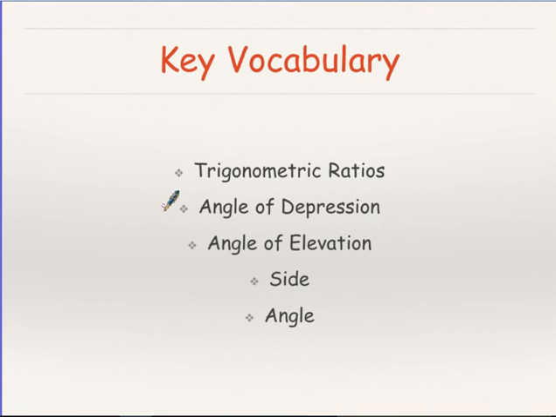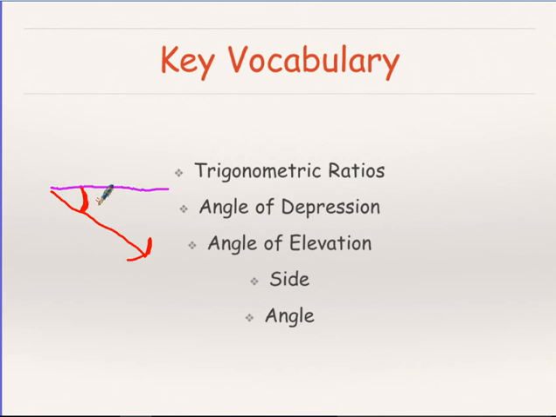These key vocabulary words are already defined in day 2. So you can go back and watch the day 2 video to see the angle of depression. Well, I'll go ahead and give you a quick review. Angle of depression means looking down. So I have the purple line and the red line that would form my angle of depression.